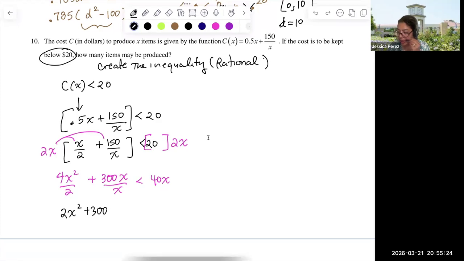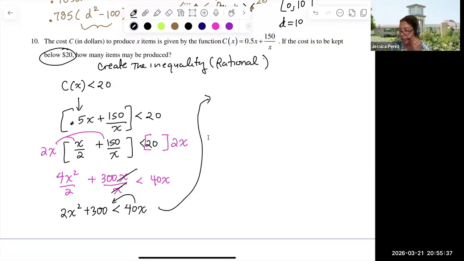Plus 300, because the x's will cancel here, is less than 40x. And then I'm going to bring my 40x over and simplify. I'm going to get 2x squared minus 40x plus 300 is less than 0.